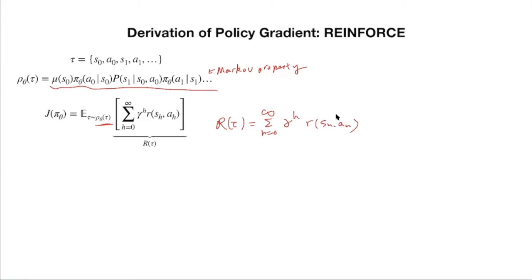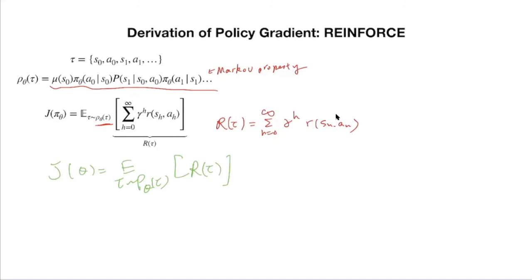All right, so now what do we get here? We're really optimizing this function, right? We are optimizing this distribution rho theta such that the expected total reward measured under this function R is maximized.